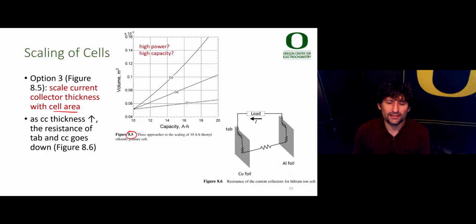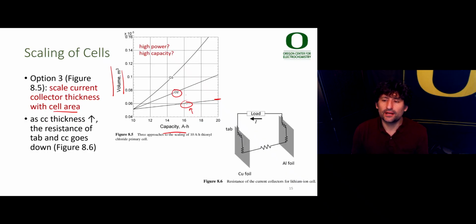And this is showing in a given simple model how the capacity and the volume scale for option 1, option 2, and option 3. So option 1 will give you the highest capacity for the lowest volume. So if you need a battery that discharges slowly but lasts a long time, option 1 is good.